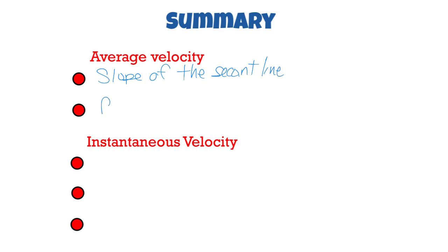And its formula is f of x plus h minus f of x all over h. And that's great. That's where we kind of start. And then we move into instantaneous velocity, which is not the slope of the secant line. It is the slope of the tangent line.